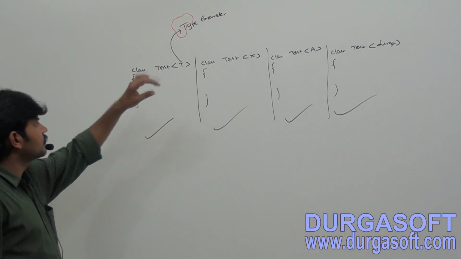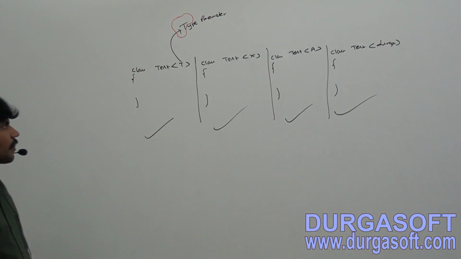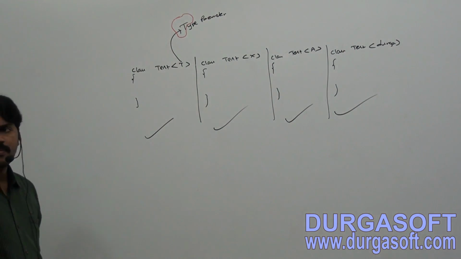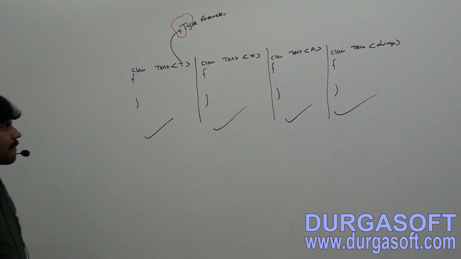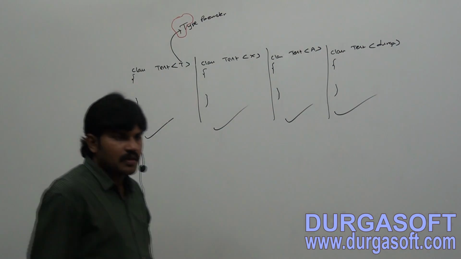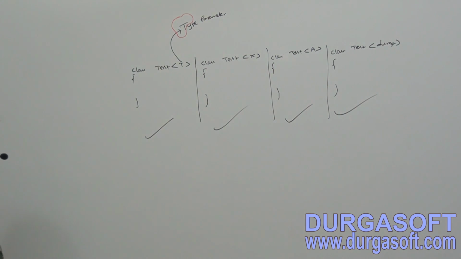Okay, take all. Class Test of T is valid. Class Test of X valid. Class Test of A valid.